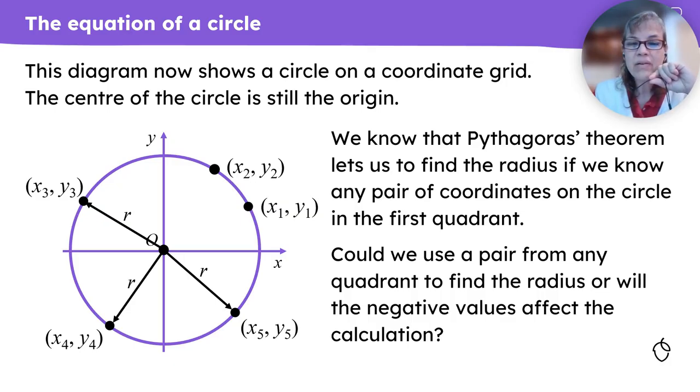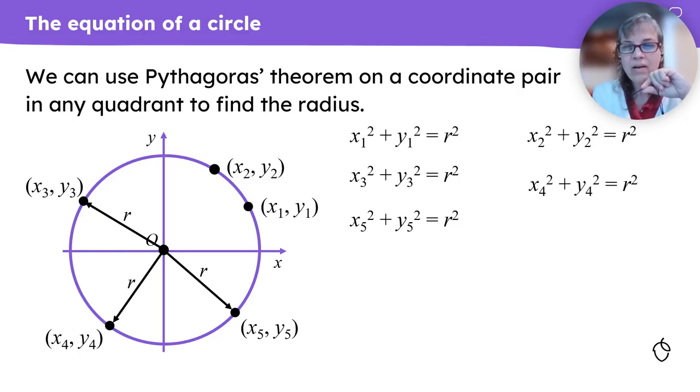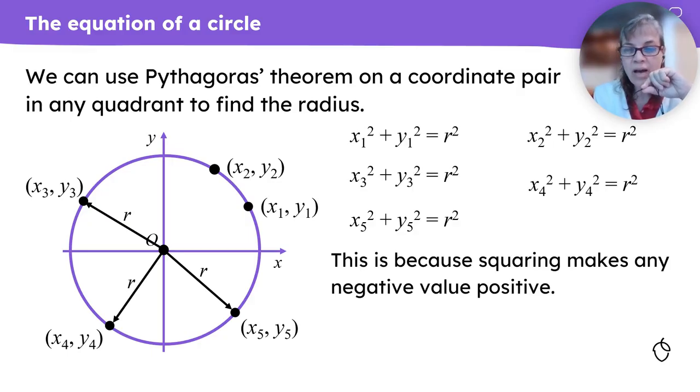Can we? Yeah. All right, welcome back. Hopefully you chatted about it a little bit. We can actually use Pythagoras' theorem in any quadrant of a circle like this, because why? Why does it always work? Well, it works because I square any negative value and it will become positive.